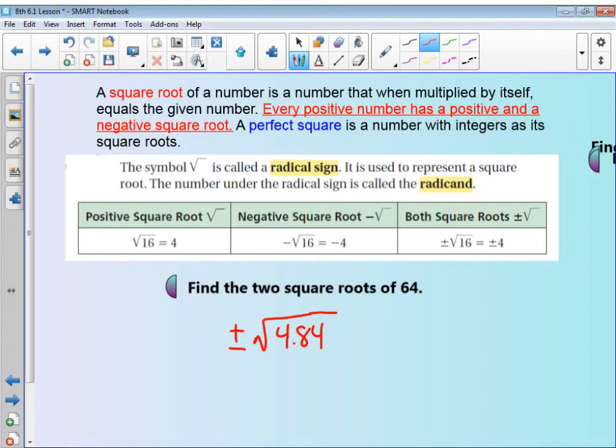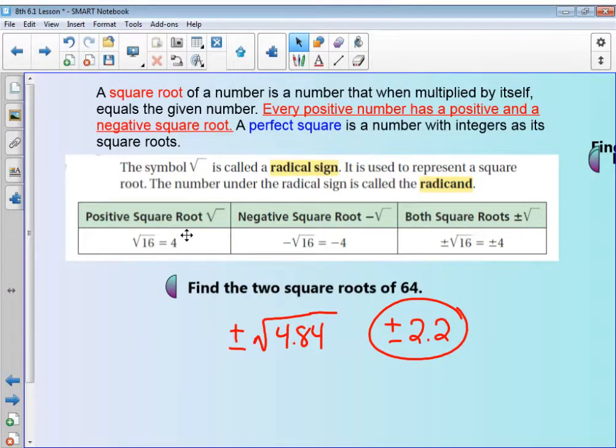We could find the square root of 4.84, which is 2.2, and then we can still use that same answer format. I was working those perfect squares with you just because I know those are multiplication facts that you know. When you get into more advanced problems, can you use a calculator to help you? Sure. But we will also practice some different methods that you can use without using the calculator throughout this chapter.